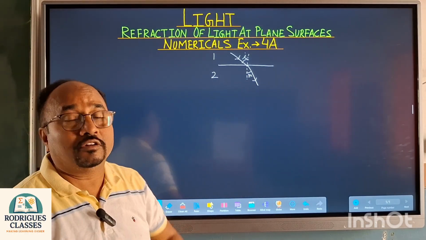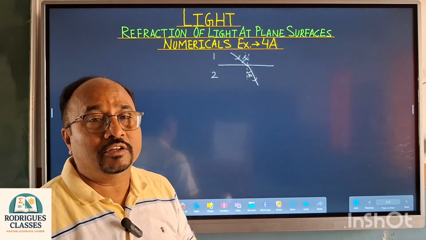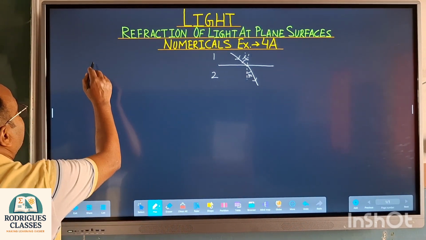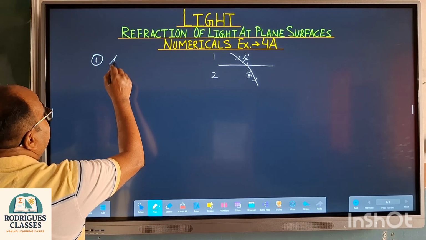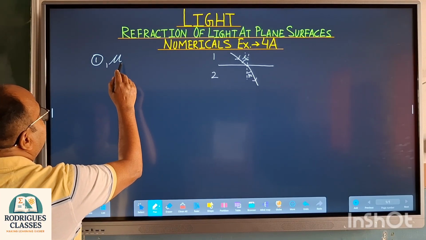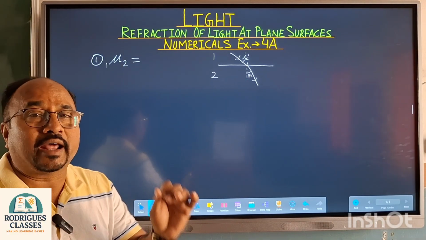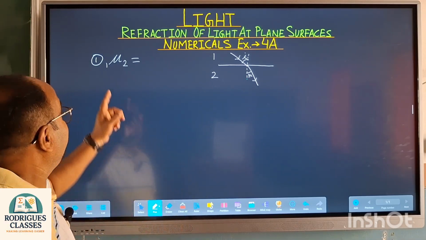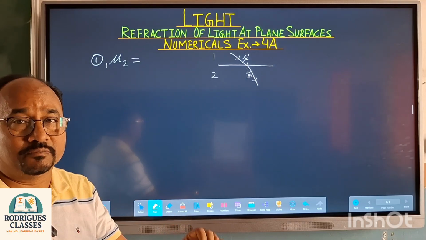So first of all, from the second law of refraction, we get the refractive index part coming. The first formula we will relate here is the refractive index of medium 2 with respect to medium 1. It will be written like this. Try to get how we write the refractive index and how we read it. We write 1 mu 2, the symbol of refractive index is mu.